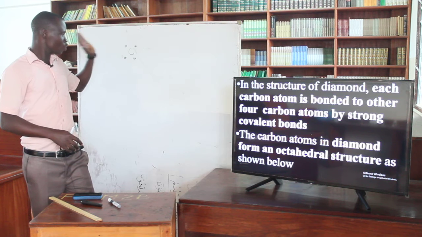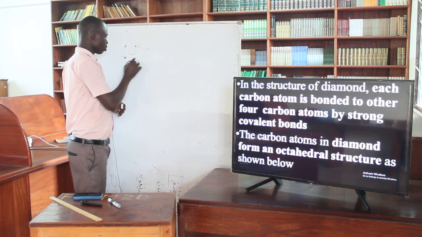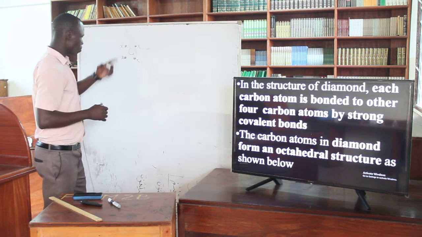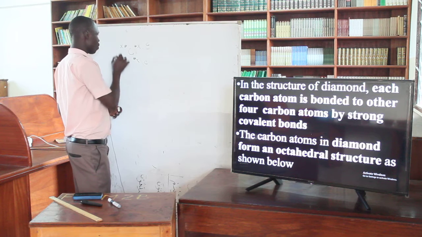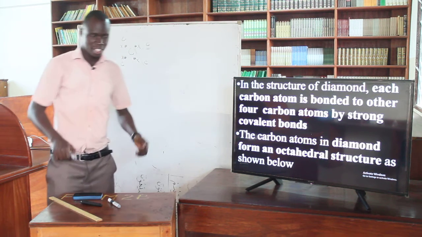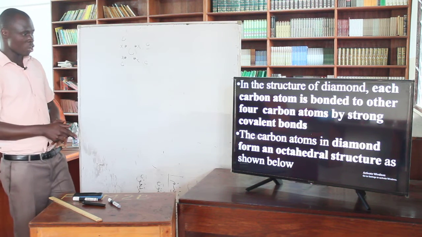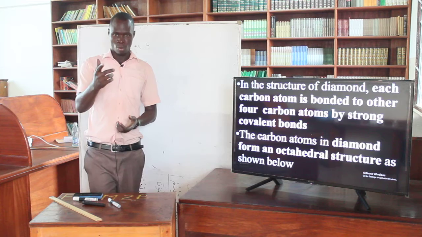These 4 electrons are going to be surrounded by 4 more electrons, to make it complete, from 4 other carbon atoms. As the bonding continues, they are going to form a structure known as a tetrahedron, and I'm going to show you in a while.